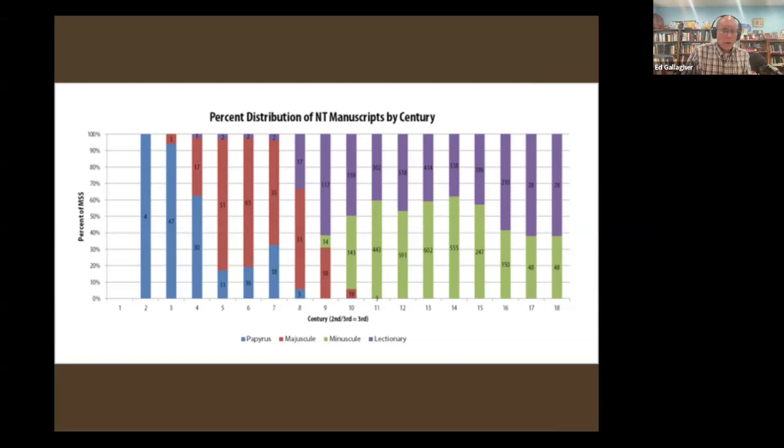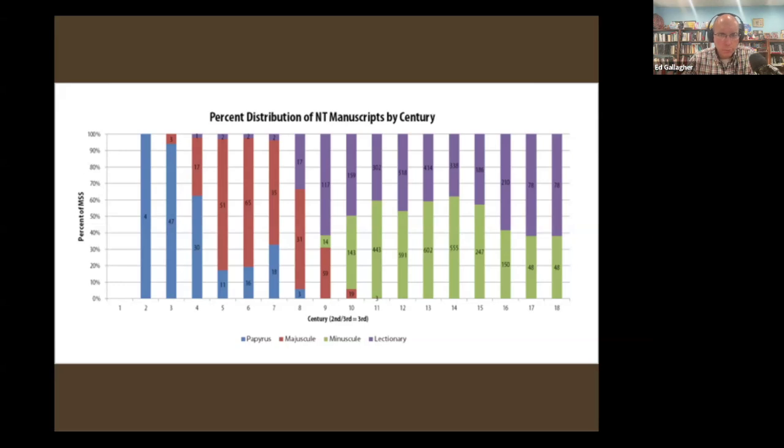I mean, there are people, and probably some of our listeners are at least familiar with people who have different textual positions on how to think through this. I'm talking about people who all believe that the Bible is inspired, but there are different ways of thinking through what do we do with all these manuscripts.